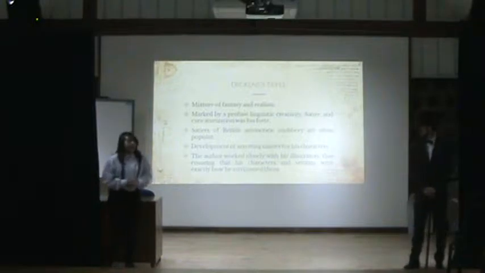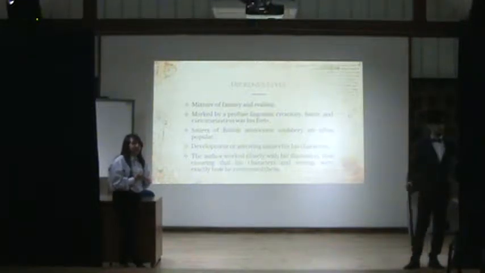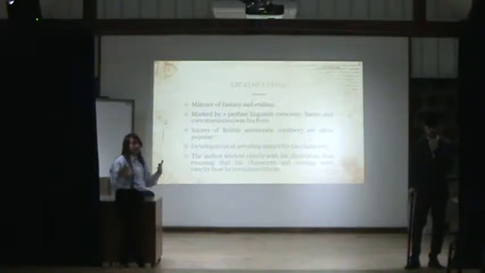Regarding his nature as a writer, he had great linguistic creativity, and he used satire very often against the aristocracy. Basically, his books are about how poor people are related with aristocracy, how those two worlds collide.